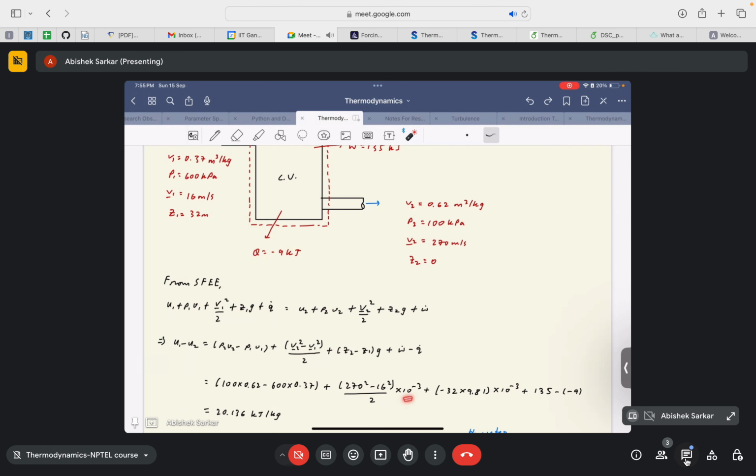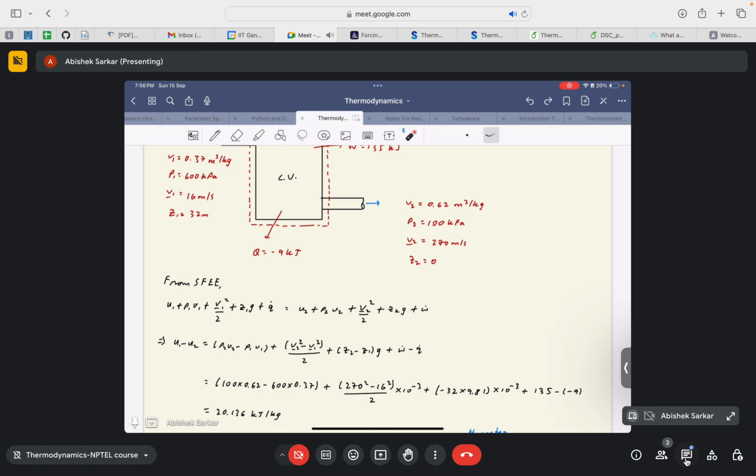This is because all these terms will give energy in the form of kilojoule per kg. If you don't multiply this factor, you will get it in joules, right? 1000 joule is 1 kilojoule. So we multiply with 10 to the minus 3 to get this value in kilojoules.